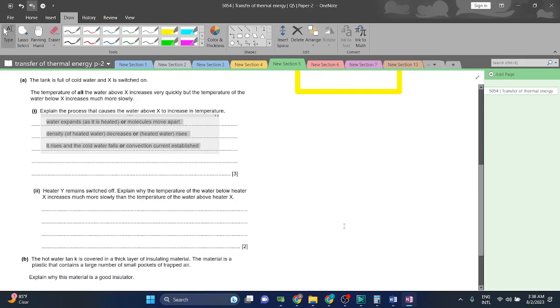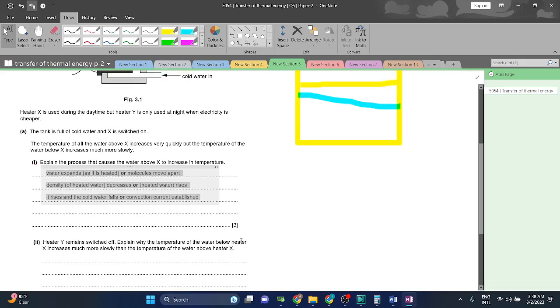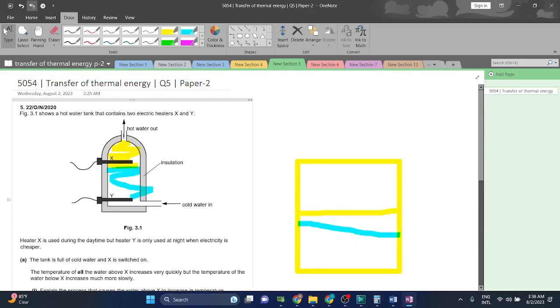Now, the heater remains switched off. Explain why the temperature of the water below heater X increases much more slowly than the water above X. Because the denser water will sink down and the warmer water will rise up.